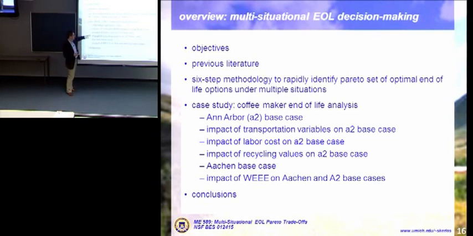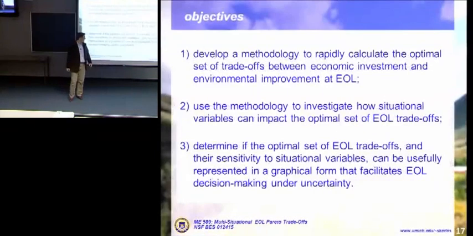We'll look at the Ann Arbor case, the Aachen case, and then do a sensitivity analysis. Transportation costs, labor costs, transportation distances are all important when you compare the US case to the German case. We'll also look at the impact of the WEEE directive, the Waste Electrical and Electronic Equipment Directive, and then try to say some things at the end.